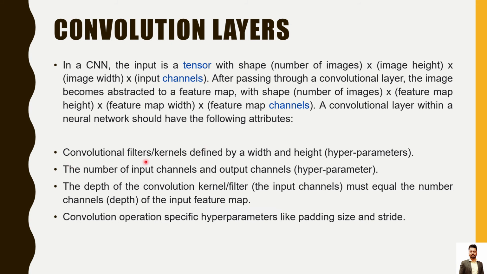So convolutional filter kernels are defined by width and height. So the filter has to be given with the width and height. So this is a hyperparameter. The number of input channels and the output channels are also hyperparameters. The depth of the convolutional filter, the input channels, must be equal to the channels of the input feature map, and there are convolution operation specific hyperparameters like padding size and the stride.